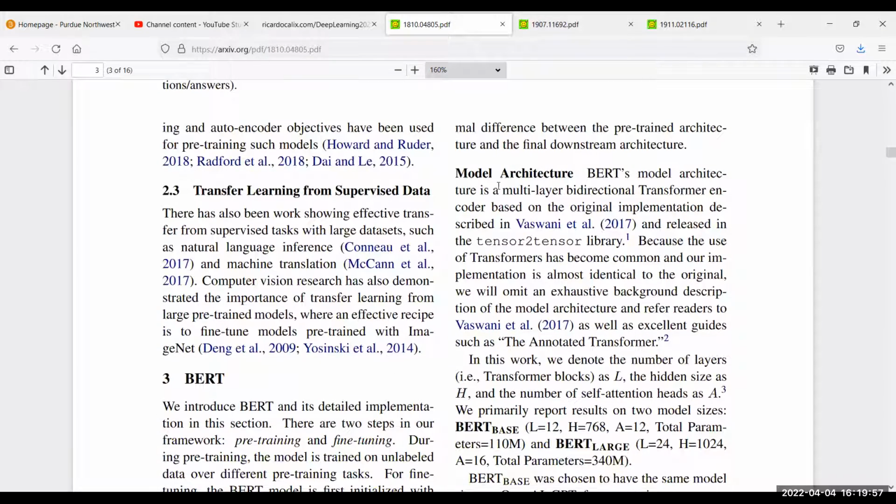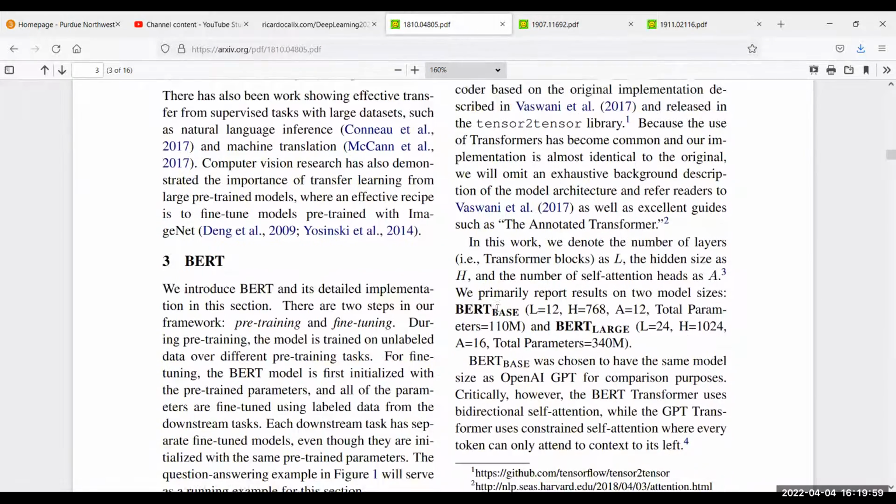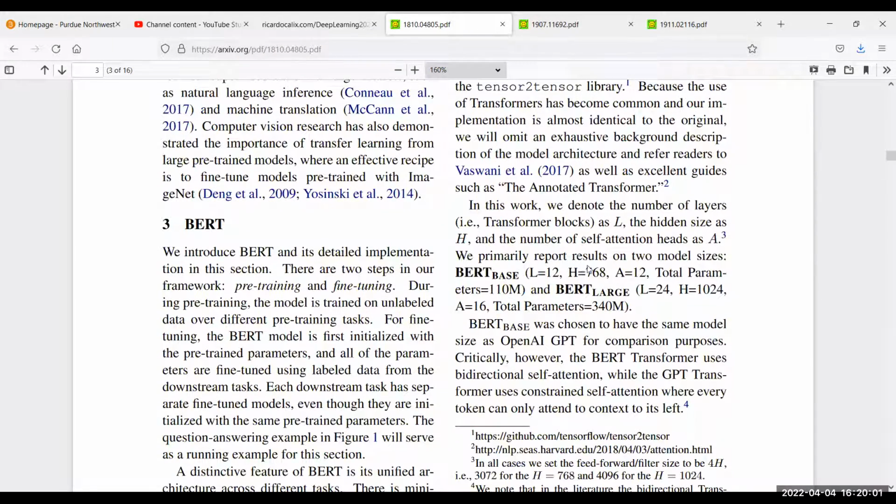So the BERT model architecture, it's talking about it here. Notice that BERT base, these are the specific values, and then these are the specific values for BERT large. Notice that the number of parameters for BERT base is 110 million versus the number of parameters for BERT large, which is 340 million. So what are those?